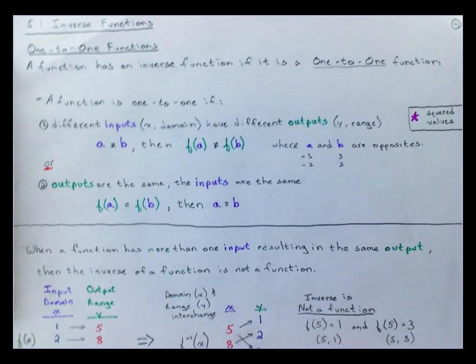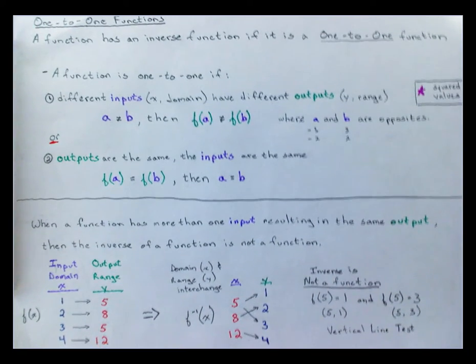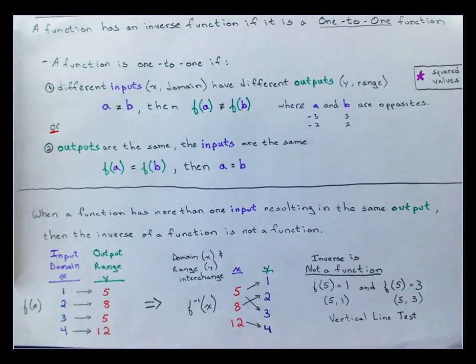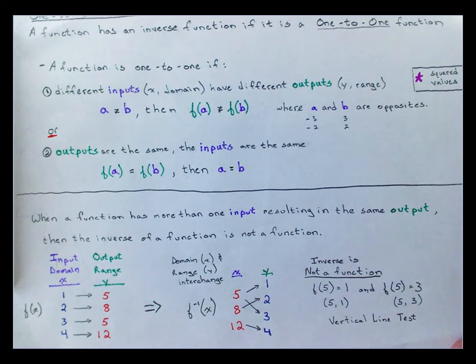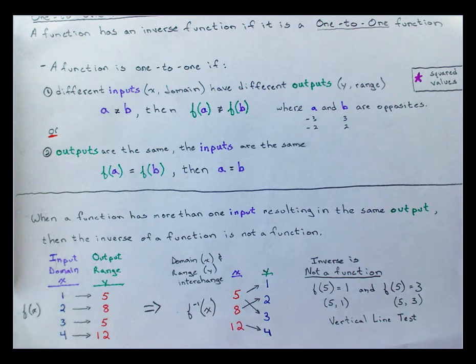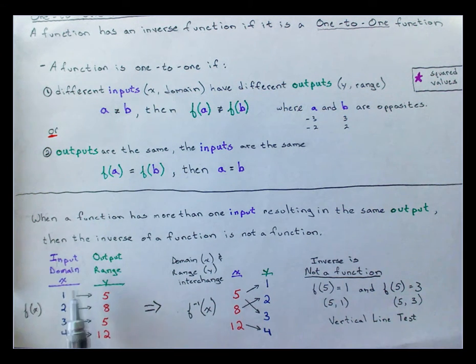We dealt with that where we looked at different domains and ranges, but we're going to review it real quick. And we talked about the vertical line test whenever we looked at functions. But right now, we're not just looking at a function, we're looking at the inverse relationship between two functions and determining whether both of them are functions. So, for instance, here's my data for f of x.